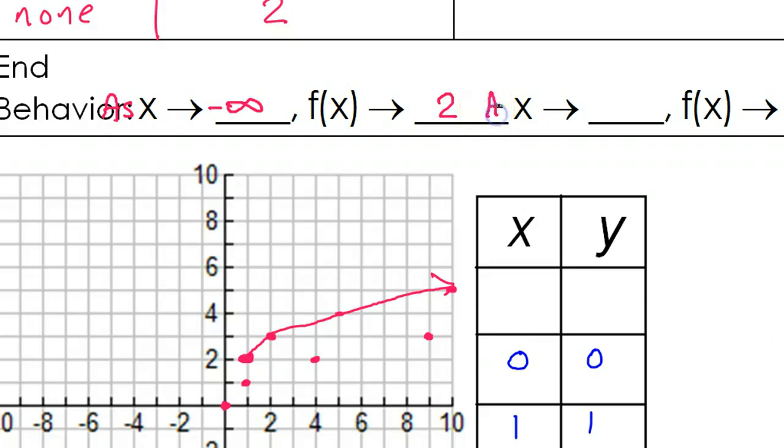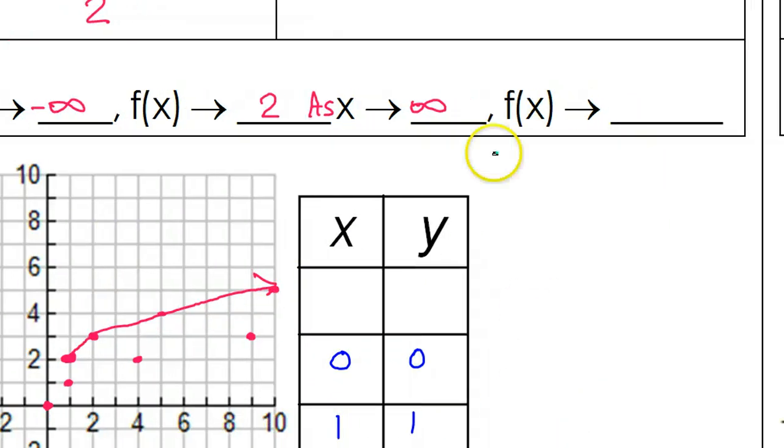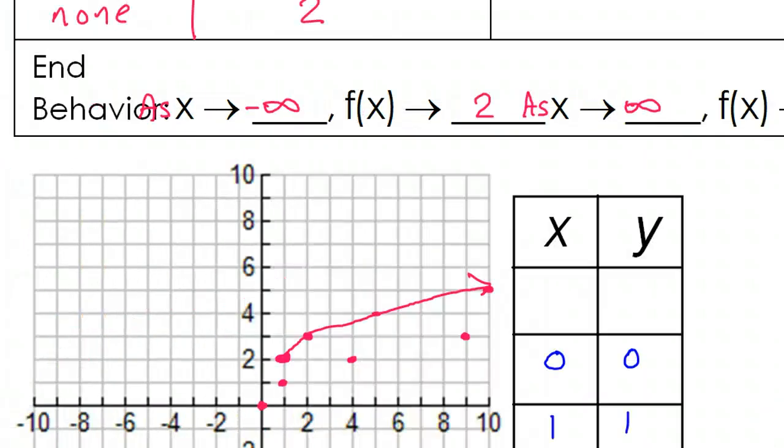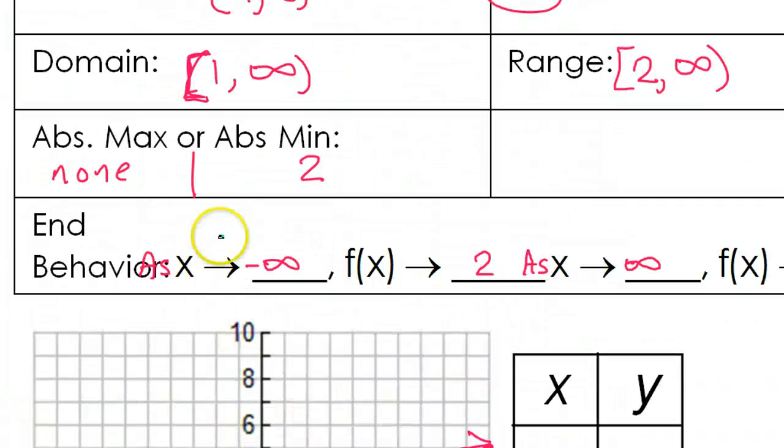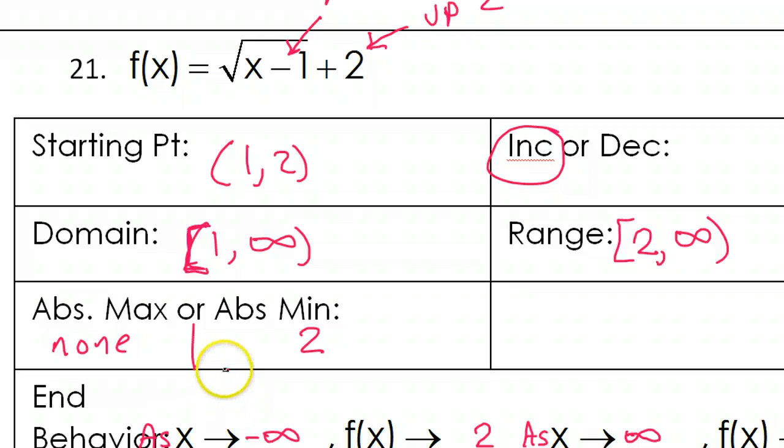Now, as x approaches positive infinity, that means as we go towards the right, what happens to the y values? Well, they go up, up, up into the sky. So that means f of x approaches infinity. So that is it for problem number 21.